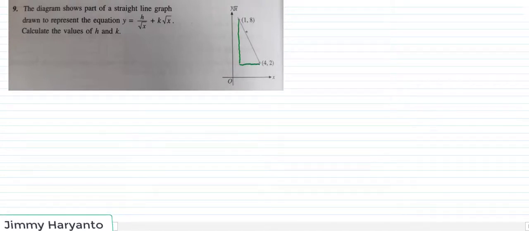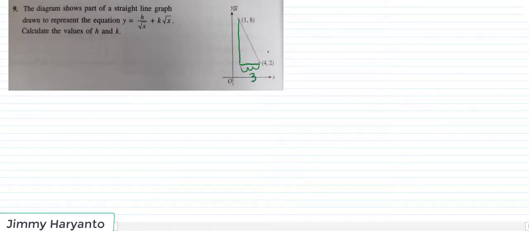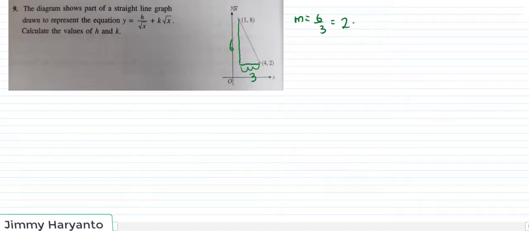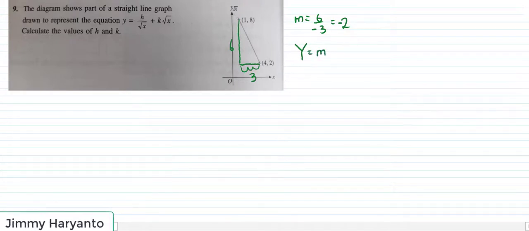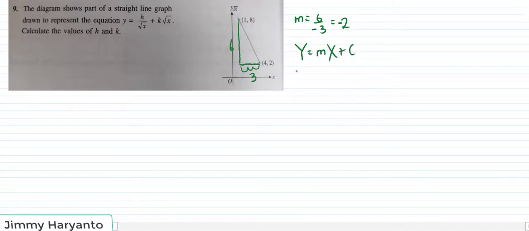The run is from 1 to 4, 3 steps, so 3, and then the rise will be 6, from 2 till 8. So the gradient will be rise over run, 6 divided by 3 is 2. Because the line goes to the top left, the gradient should be negative, negative 2.